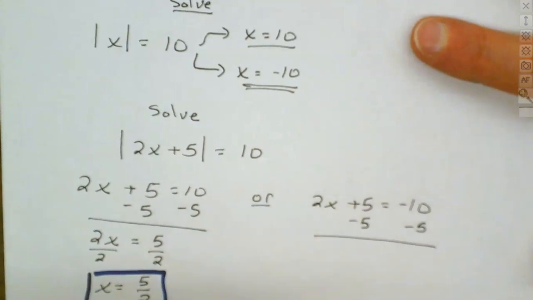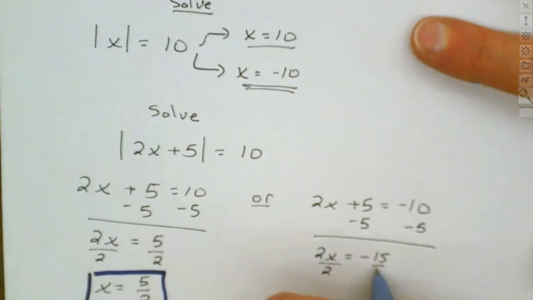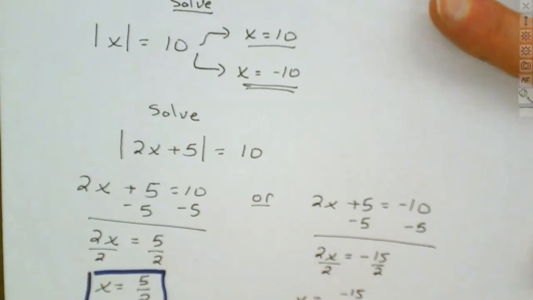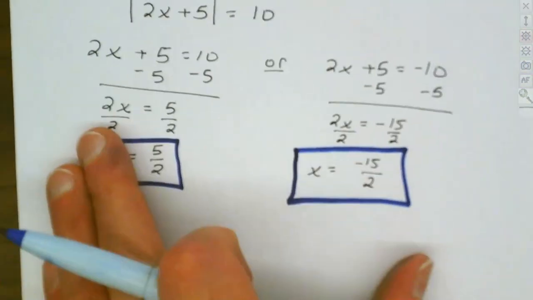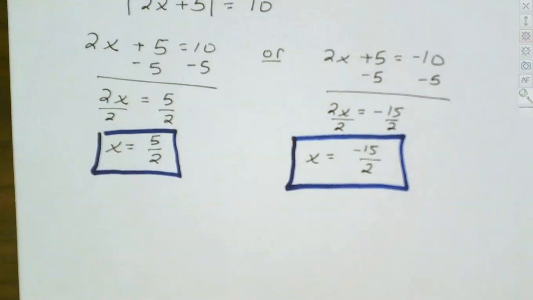So that is now 2x equals a negative 15. Divide by your 2, and so x now equals a negative 15 over 2. So there's your 2 answers.